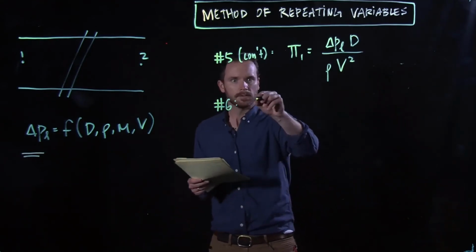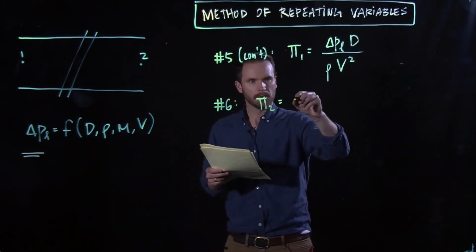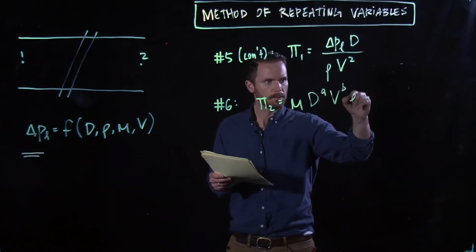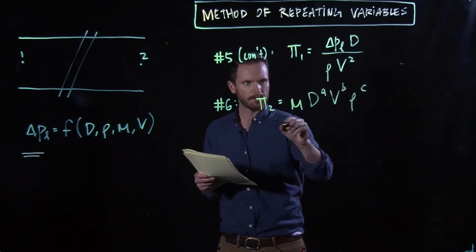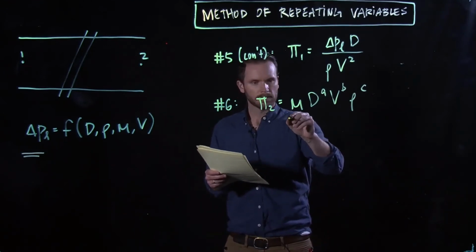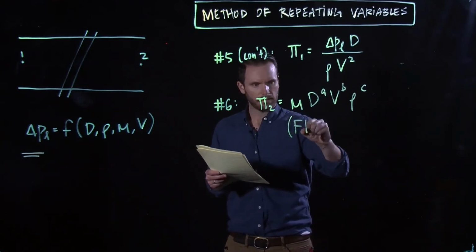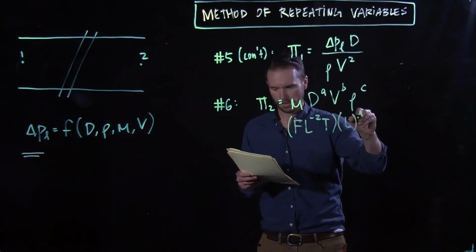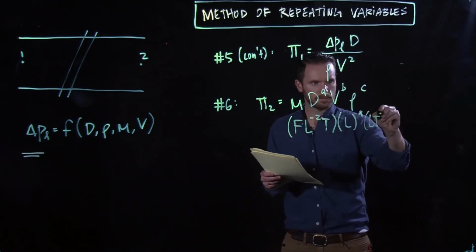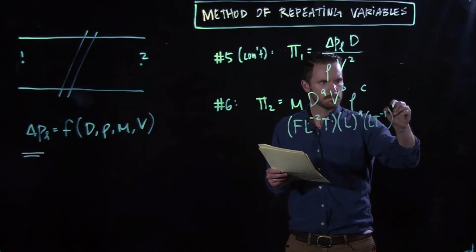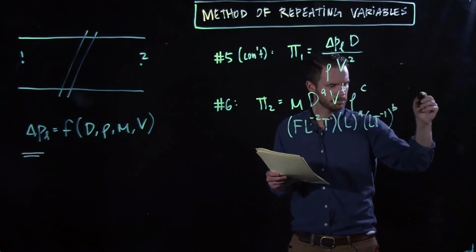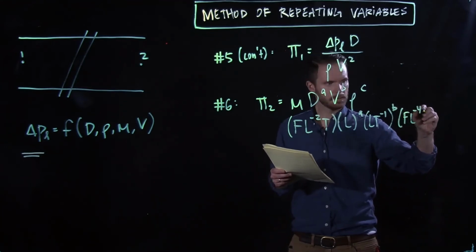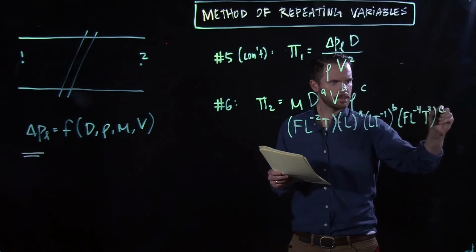And so pi 2 is equal to mu d to the A, V to the B, rho to the C, all over again. If I write this out in terms of the dimensions, F L^-2 T, L to the A, L T^-1 to the B, F L^-4 T^2 to the C, right?